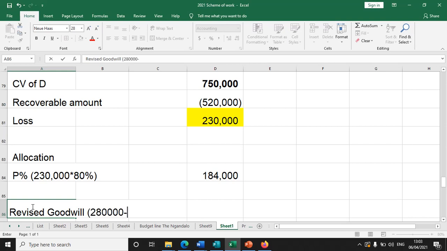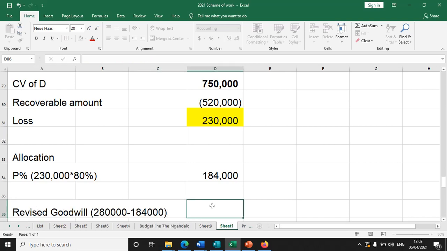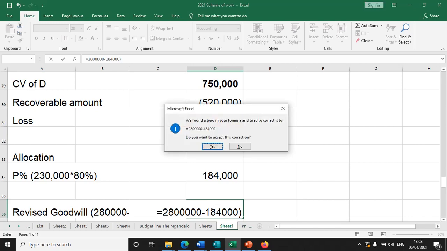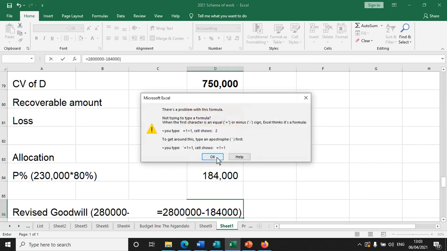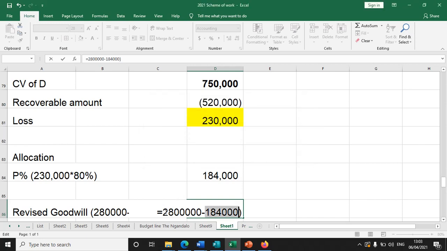280,000 less 184. Hope that you can see that. Put an equal sign, then 280 less 184. I think we need to put some kind of brackets here.